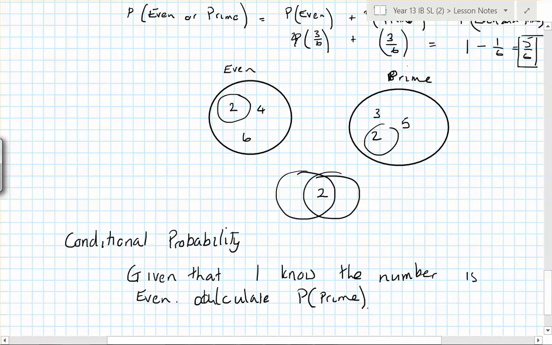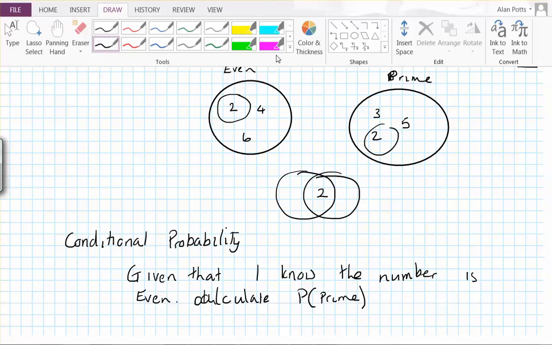So where's the conditional part in that? It has to be prime. So it has to be even is actually the conditional bit. That's the bit I know.